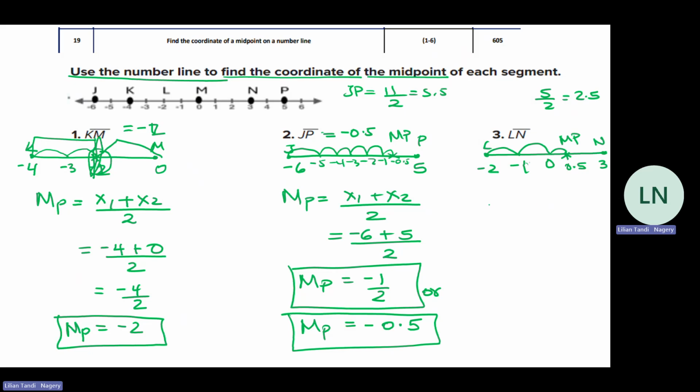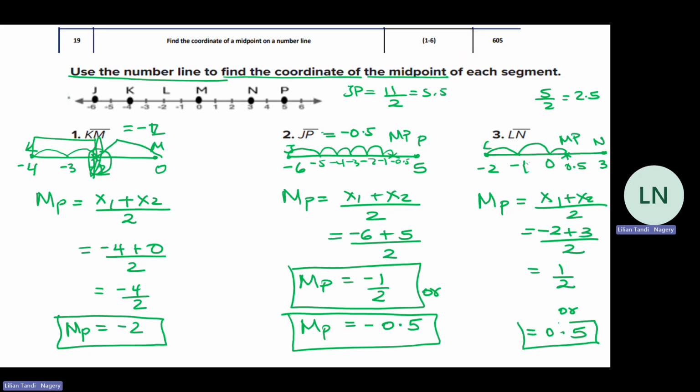Let's check with our formula. Midpoint equals x1 plus x2 divided by 2. -2 plus 3 divided by 2 gives 1 divided by 2, or half, or 5/10. So the midpoint of LN is at 0.5, or at half.